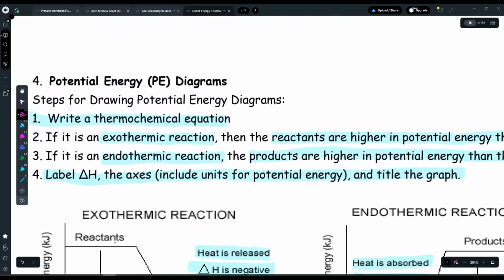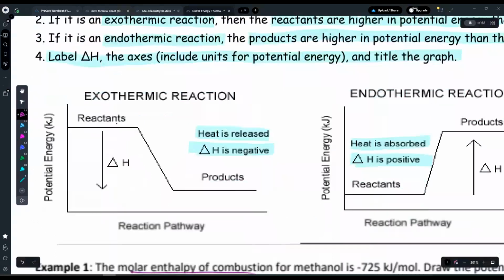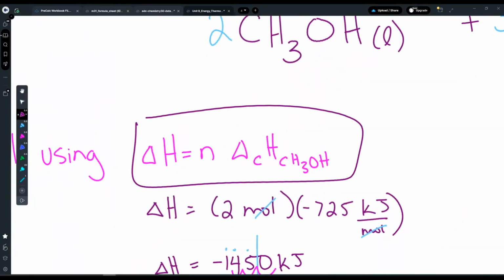So remember, you're first going to write a thermochemical equation. So that's going to require you to have the molar enthalpy of decomposition of potassium chlorate. From that molar enthalpy, you're going to have to find the change in enthalpy using this formula, but instead of the molar enthalpy of combustion of methanol, you're just using the molar enthalpy of decomposition of potassium chlorate.